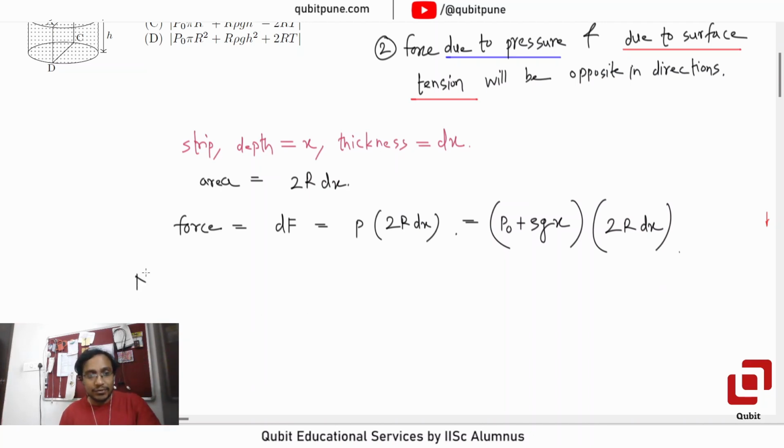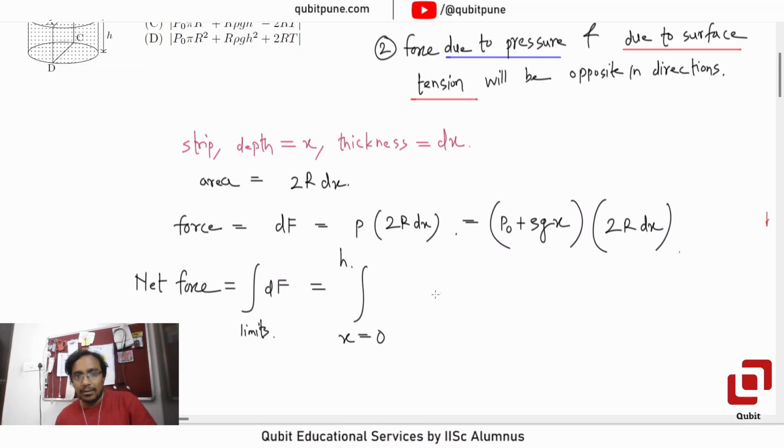So what will be the net force? Net force will be obtained by integrating this with appropriate limits, and those limits will be on x from 0 to h. Let's write it systematically so that no term is missed, into 2 capital R dx.